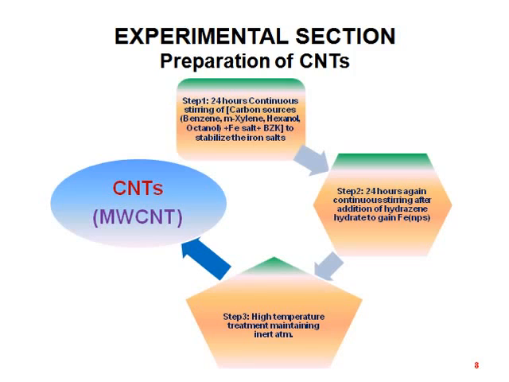Next, hydrazine hydrate is added and again stirred for 24 hours to get the iron nanoparticles in the coagulated mixture. Then the overall coagulated compound was heated at 700 degrees Celsius, maintaining an inert atmosphere in a tube furnace to get the final fluffy product of CNT.